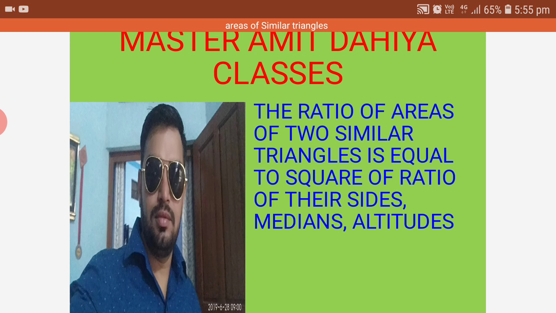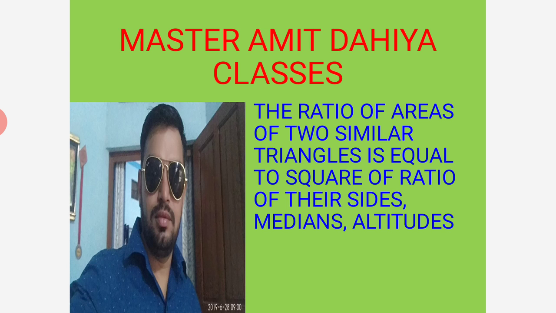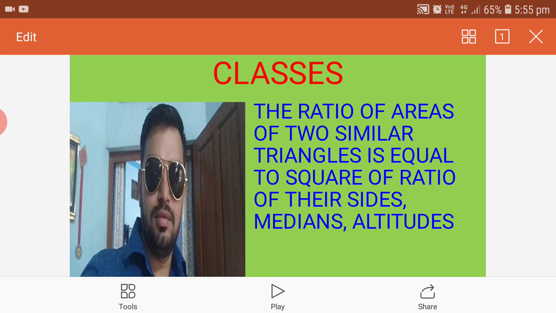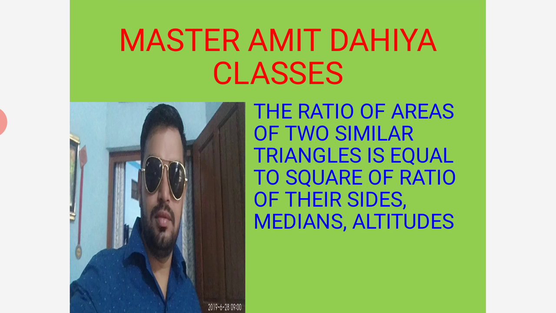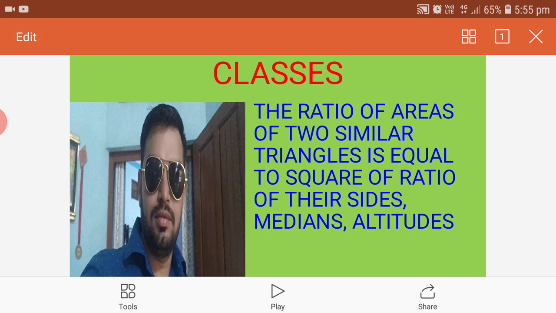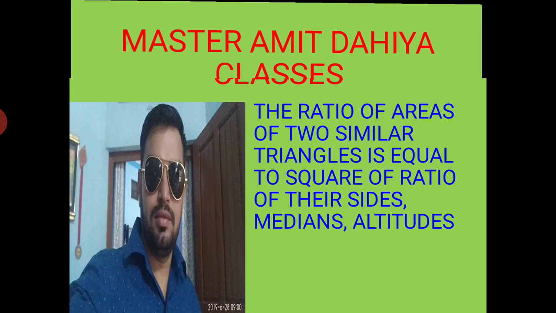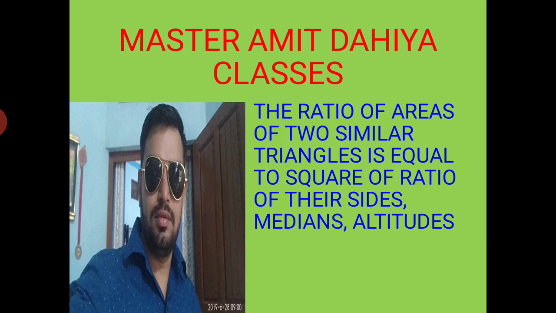And today we are going to learn some most important theorems that are related to areas of two similar triangles. The ratio of areas of two similar triangles is equal to the square of the ratio of their corresponding sides, the ratio of their medians, the ratio of their altitudes, and the ratio of their angle bisectors.